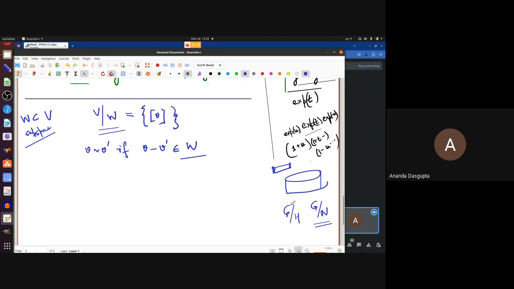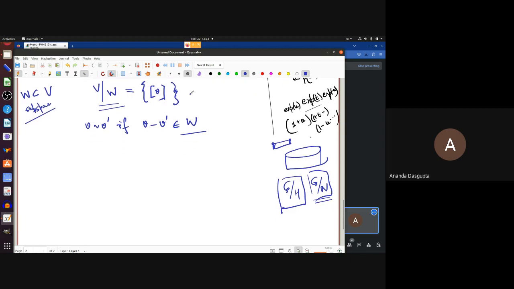That G by H will not become a group. It will become a group only when what you're quotienting by is a normal subgroup. And that is why G by N is called a factor group. This is just called a quotient space. You can do this, but it will be called a quotient space. It's not a group. But when you factor out by a normal subgroup, you get a quotient group.